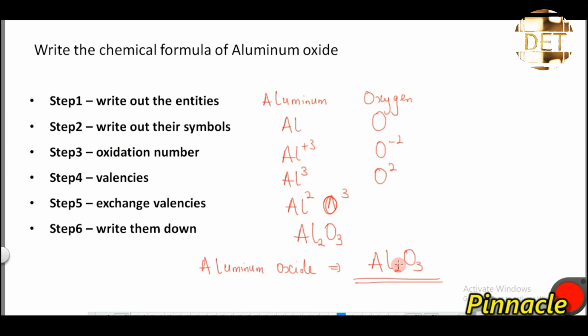In this compound, it shows that aluminium oxide contains 3 oxygen atoms and 2 aluminium atoms. So what you will do for me is to write the chemical formulas of the following compounds.